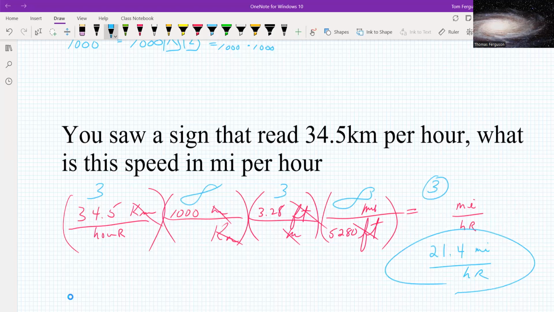Basically, every single problem, you start with the given, and when you try to calculate, you put in conversion factors to get there. Every single time. You have to be careful if you're using square meters or square anything, or cubic anything, and then you have to square or cube the conversion factor.